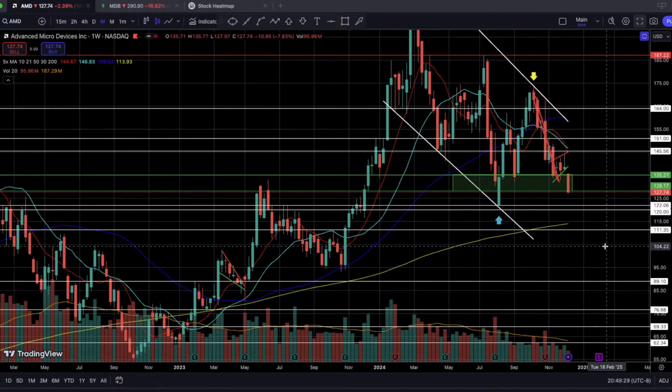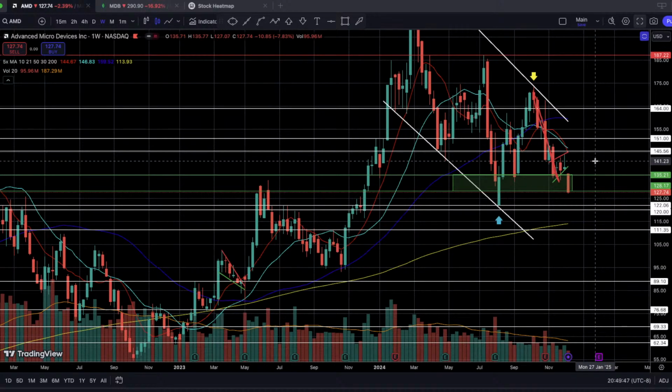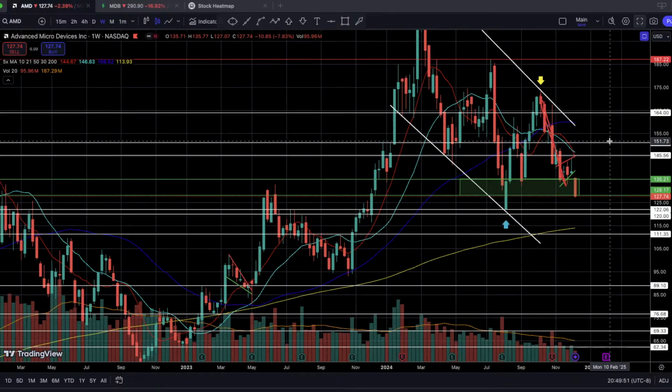But if it does, then I will be expecting the markets to also be pulling back strongly. If AMD breaches 100, I'm gonna blame it on the markets as well, not just because AMD is sucking as a company, as a semiconductor company, which is again only second to NVIDIA. Does everyone understand that?